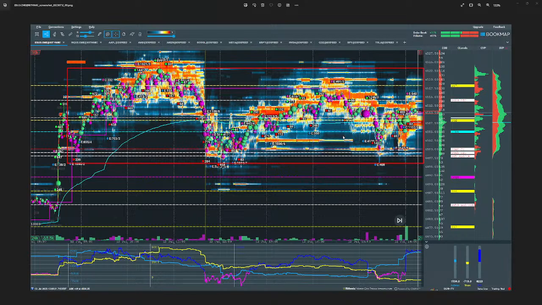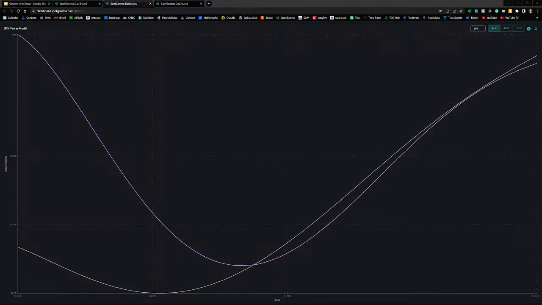There was really no Vanna tailwind. So if you recall from last year, the SPX gamma notional was negative, SPY gamma notional negative for most of the year. And when CPI reports came out less than expected, there were huge rallies.